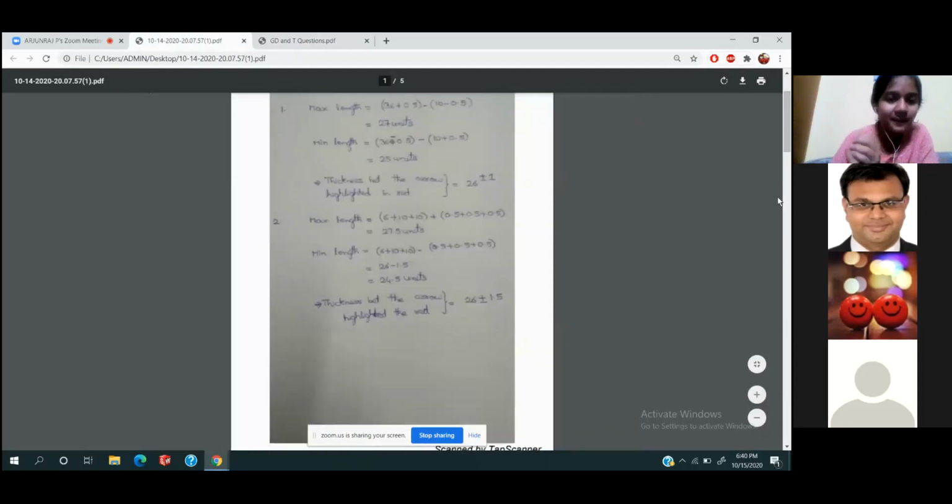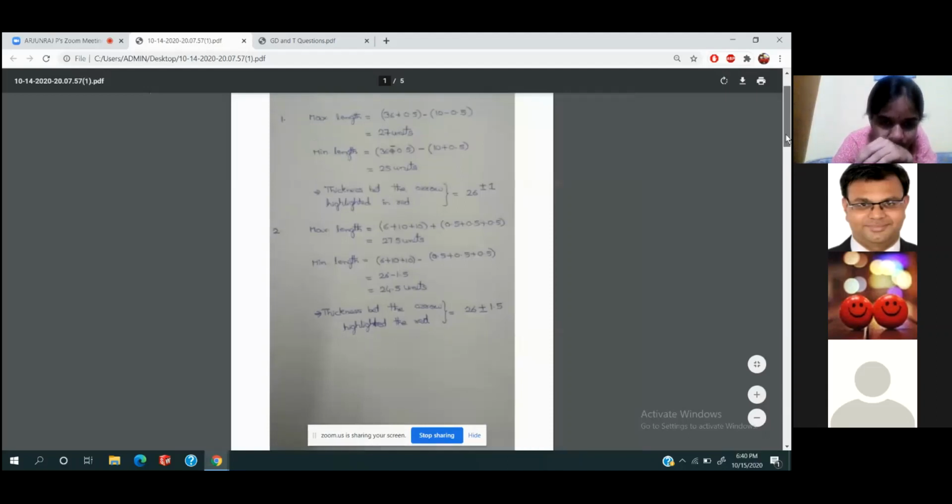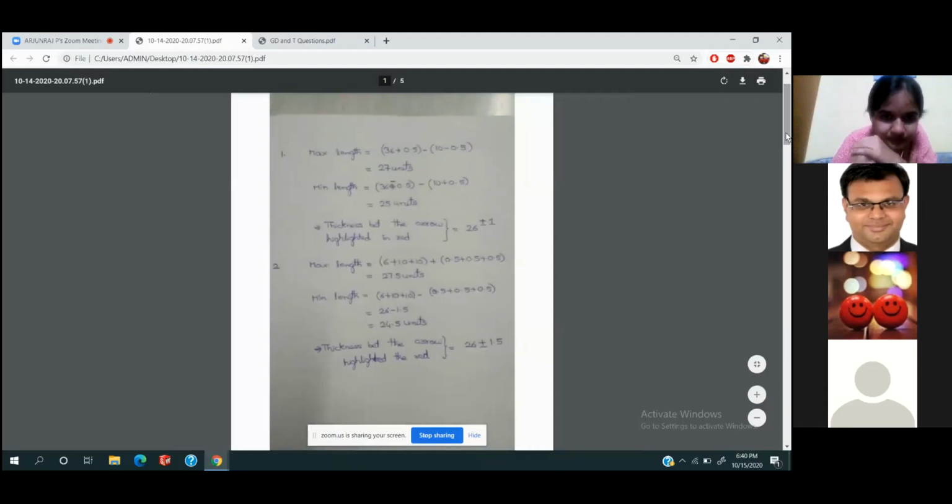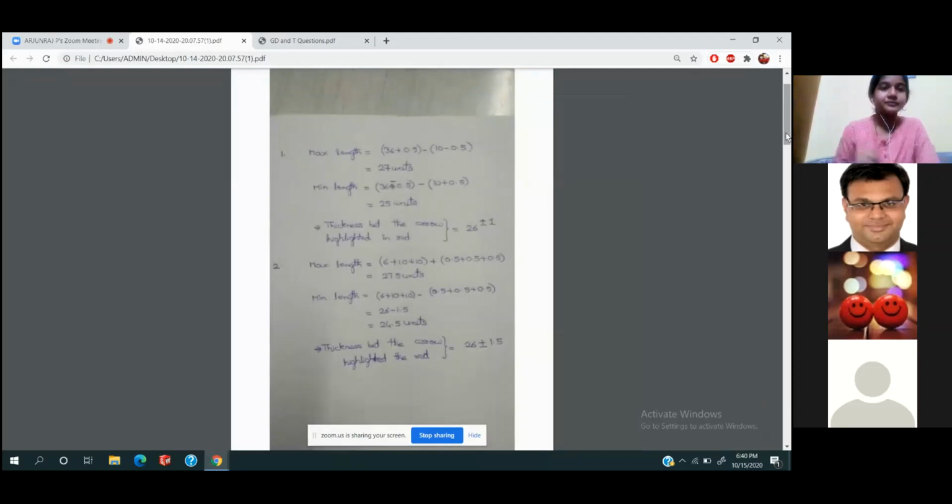Now you can see both the 36 plus 0.5. So your maximum minus minimum, minus 10. So you have taken the maximum limit.